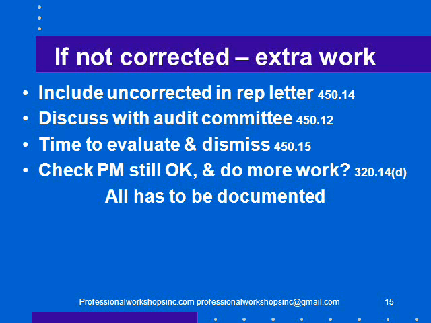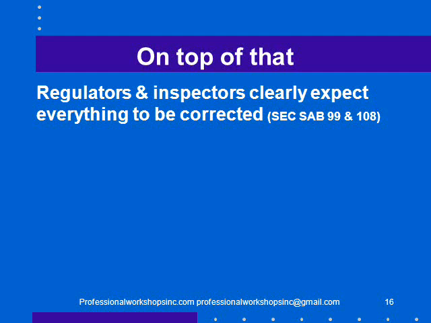So we might have to go back and do more work. And all of that has to be documented. So all of that is additional work. On top of that, regulators and inspectors clearly expect everything to be corrected. The SEC has written 2 really good staff accounting bulletins about this, 99 and 108.